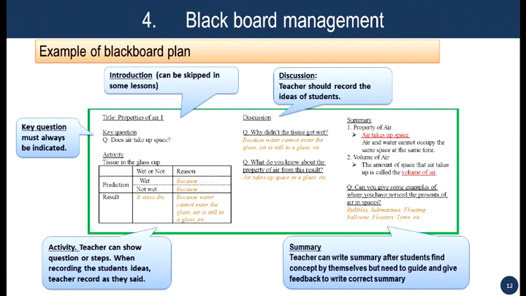Give exercises, etc. on blackboards for students to understand the lesson content. Write the students' answers or options on the board. Give space for students to write the answers also on the board. We also need to consider writing the main points on the blackboard and use them to explain further during the lesson.